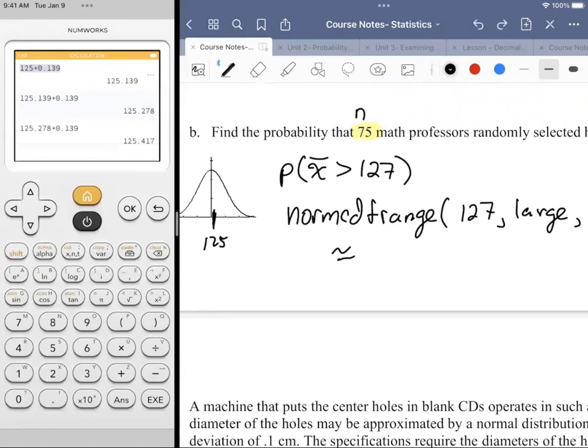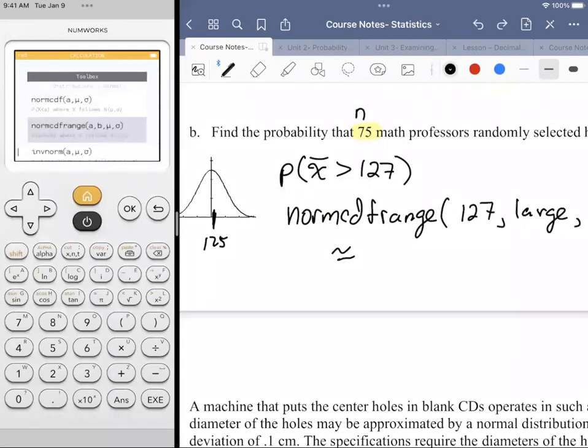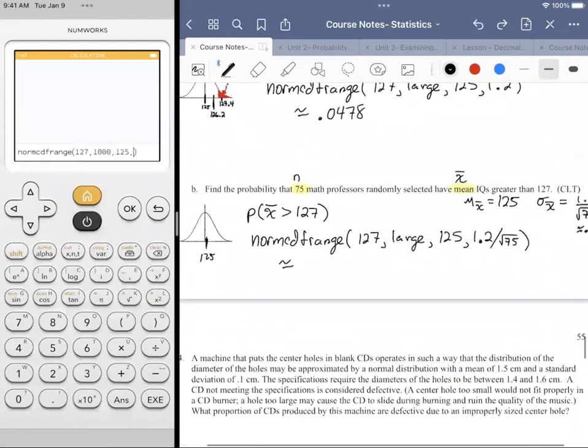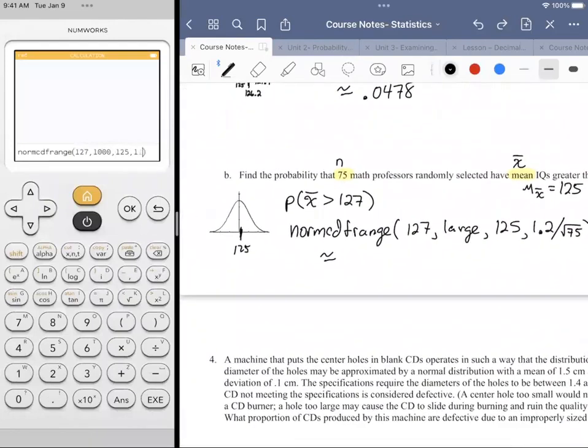All right. So I'll crunch the numbers. Let me go clear. How do you do it all in one shot? There we go. 127, something big, mean 125, standard deviation 0.139, or you could just put in the 1.2 divided by the root of 75.